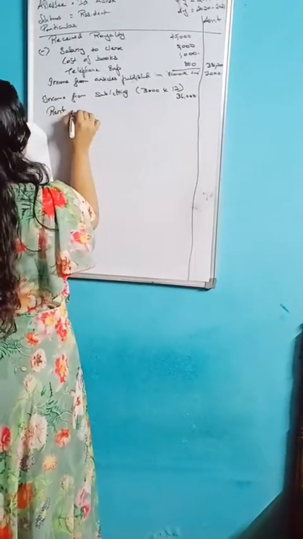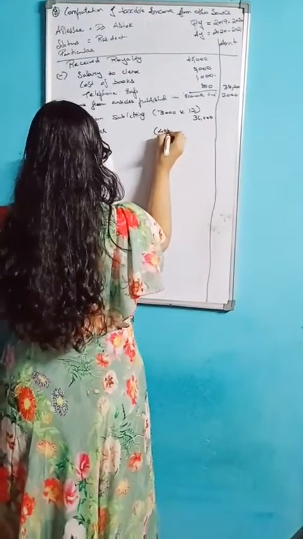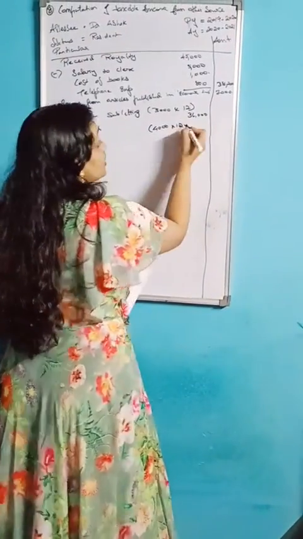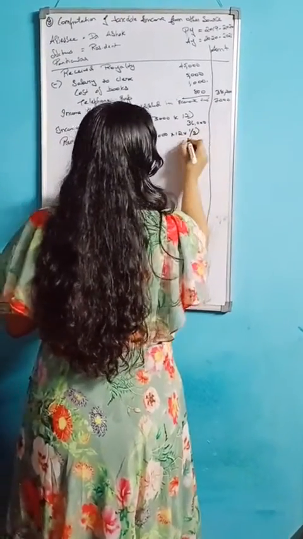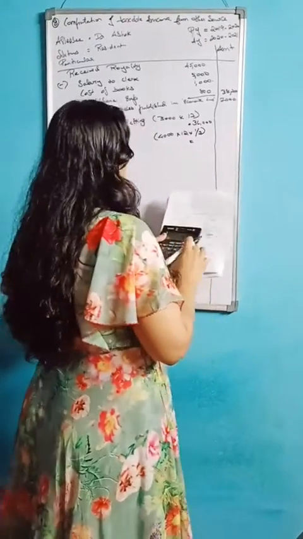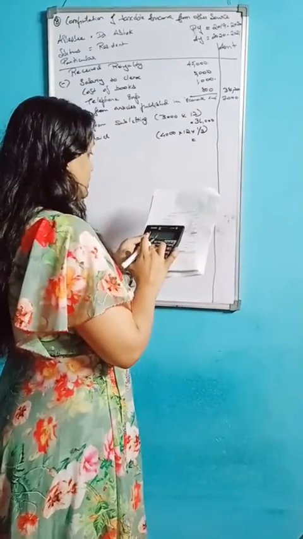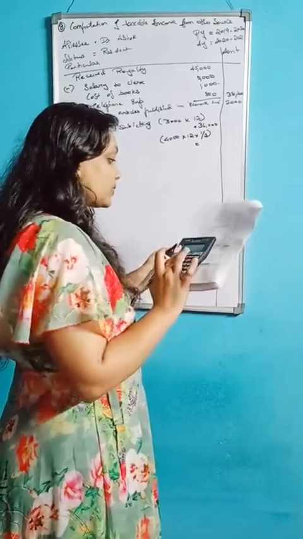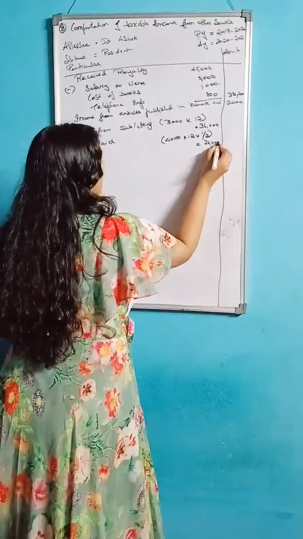So rent paid, how much have they paid? That is 4,000 per month. In that, half of the portion, so 1/2. So how much will you get? 4,000 into 12 into 1/2, you will get 24,000. You write here 24,000.